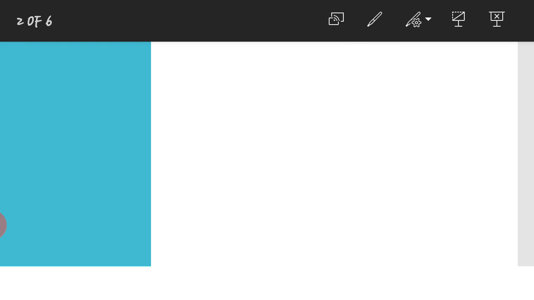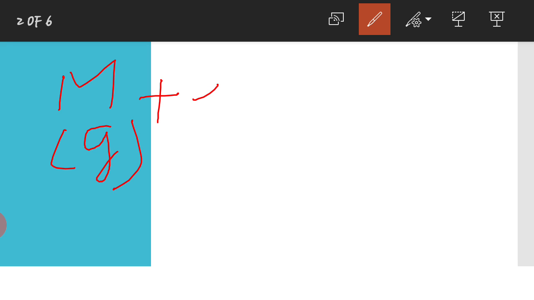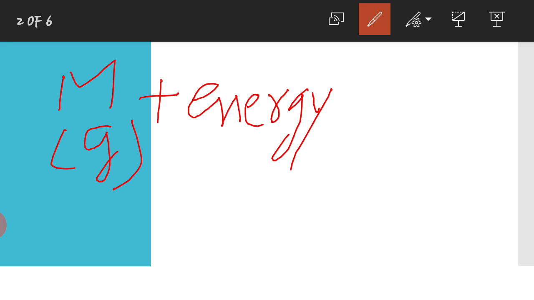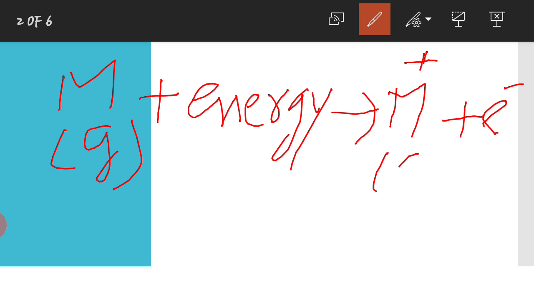An atom represented M in gaseous state plus energy gives M plus, that is cation, plus electron. Cation is in gaseous state.